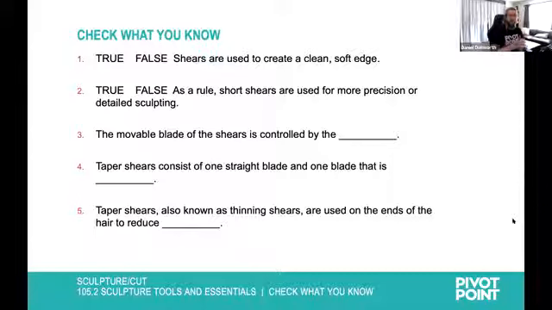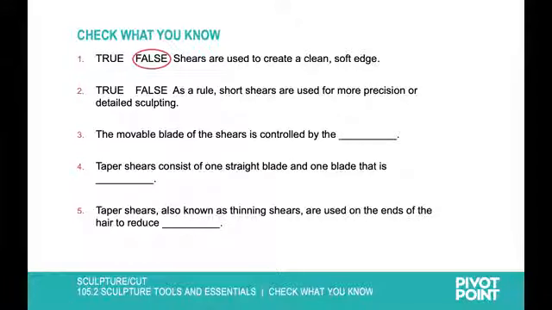On Socrative, I'm watching those of you that have submitted. It looks like 73% of you are leaning towards false. Let's find out if you are correct. You are. What makes this statement false? Shears actually create a blunt edge, not a soft edge. The tool that would create a soft edge would be a razor.